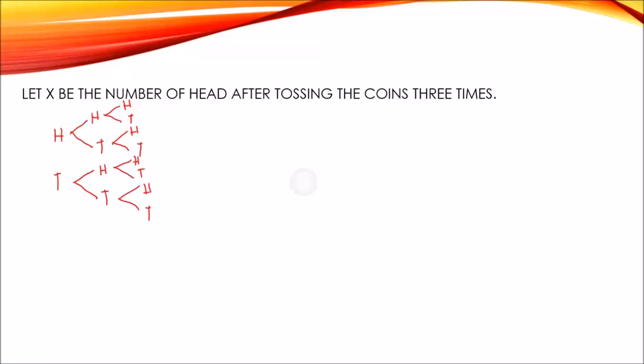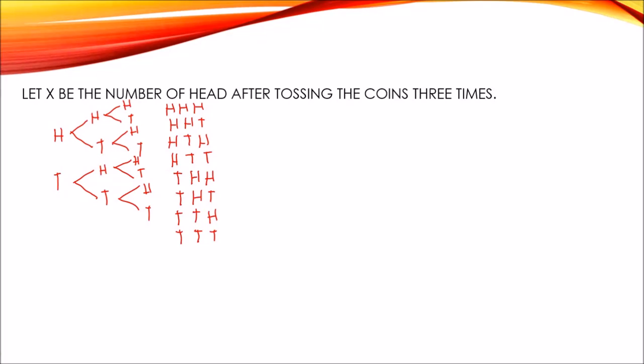So the combinations are HHH, HHT, HTH, HTT, THH, THT, TTH, TTT. How many combinations do we have? We have 1, 2, 3, 4, 5, 6, 7, 8. So we have 8 combinations, and these are the possible combinations.